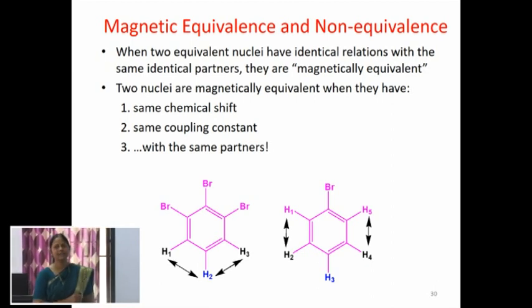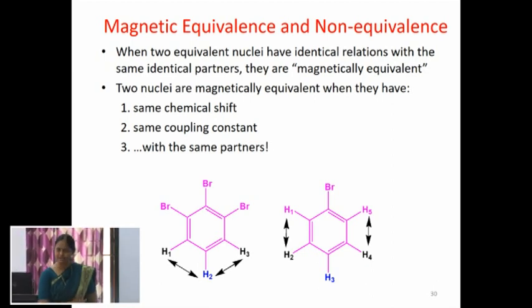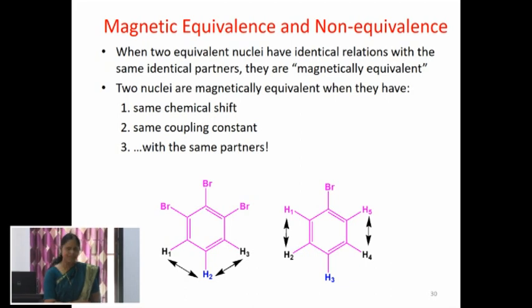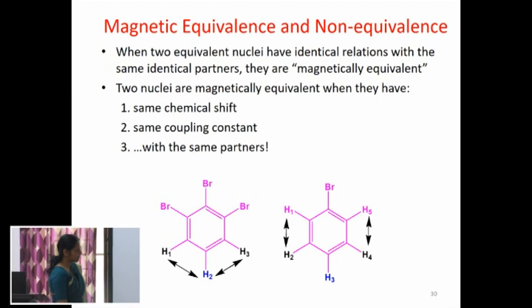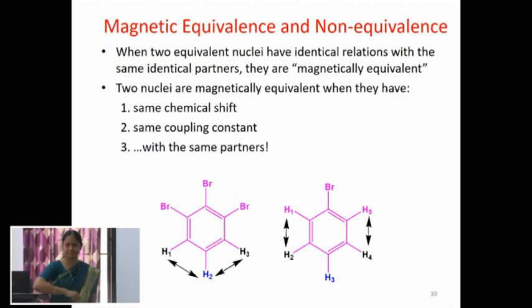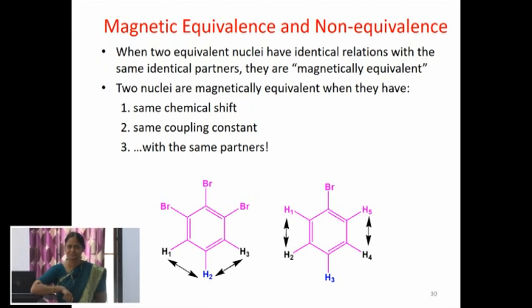Now, as you are saying that H1 and H5 are the same, and H2 and H4 are the same, let me know the coupling constant between H5 and H2, and between H1 and H4. They are para coupling constants.